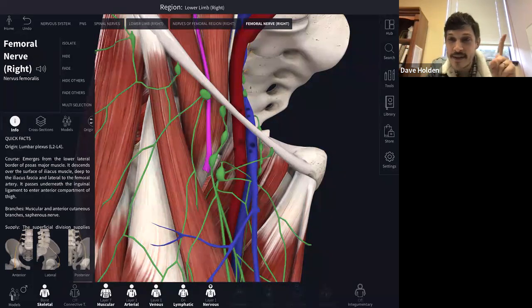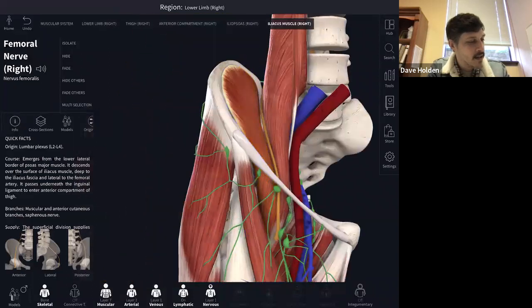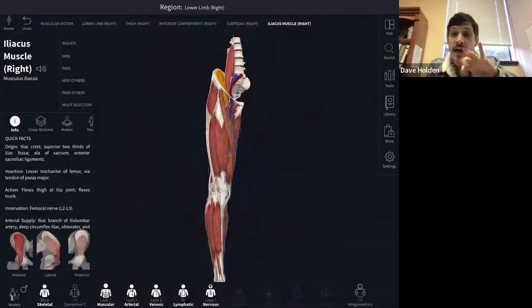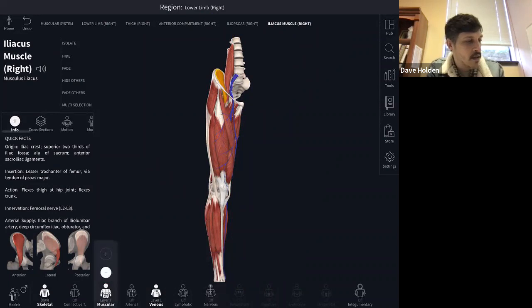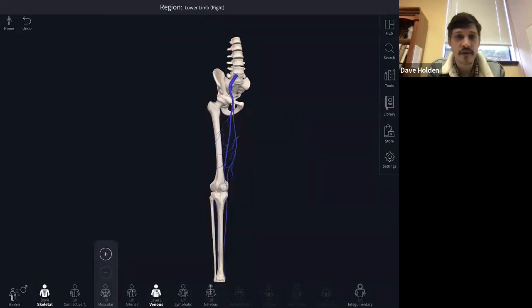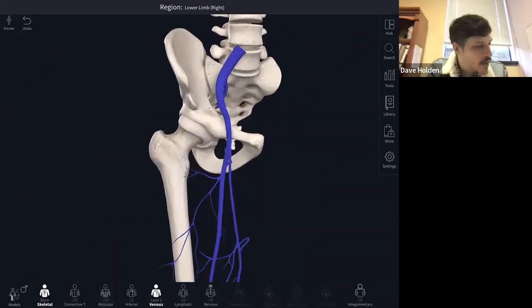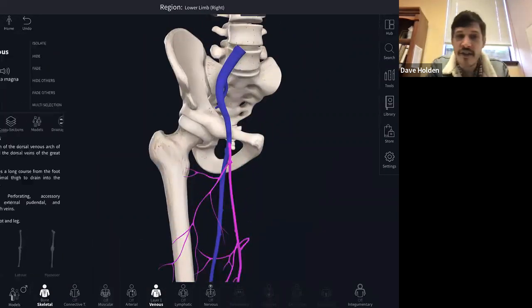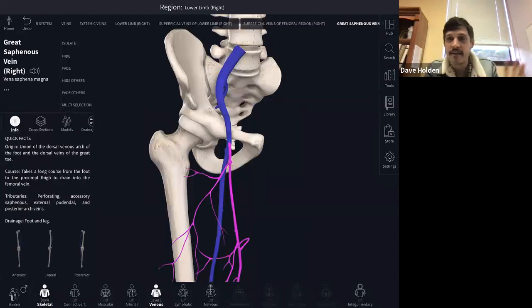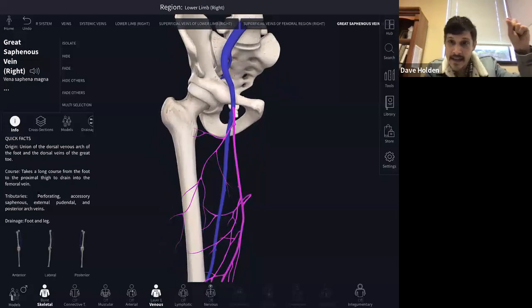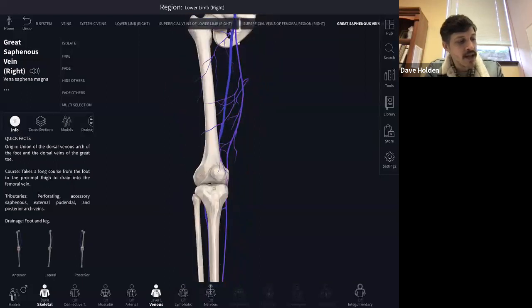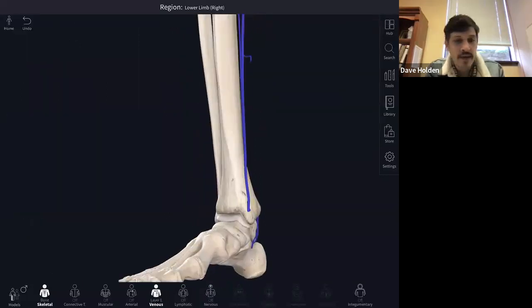But wait, there's more. I'm going to zoom us out and clear a whole bunch of these materials out because I want to pull your attention to something very important. And that is another vein, not the femoral vein. This entire vein branch ends way up in the hip near the acetabulum, but it originates all the way down in the ankle.